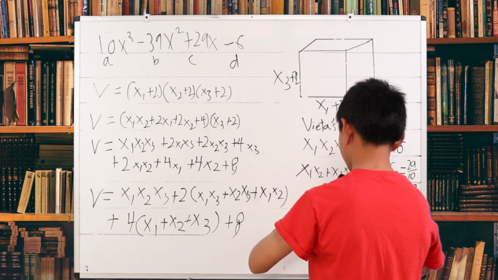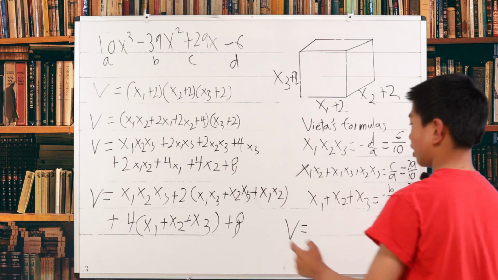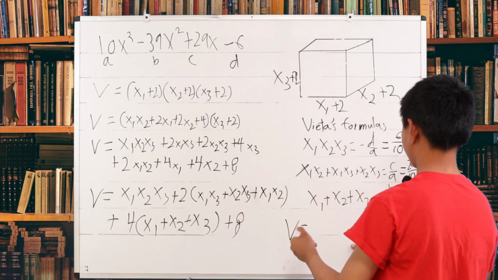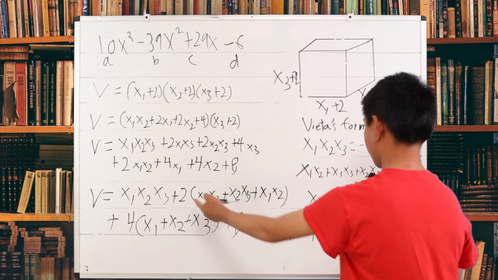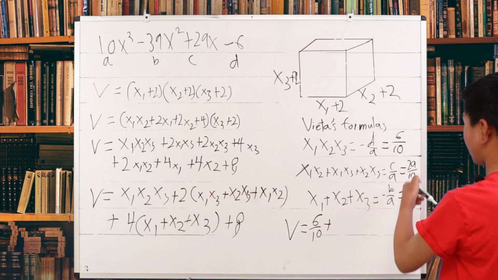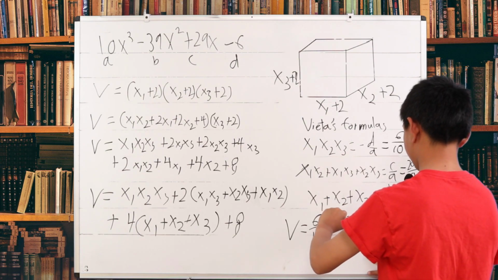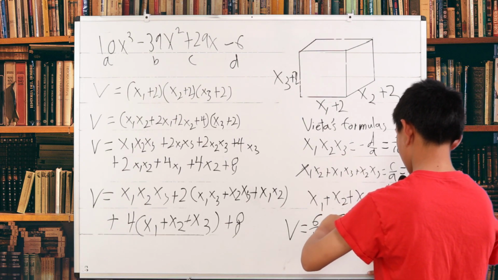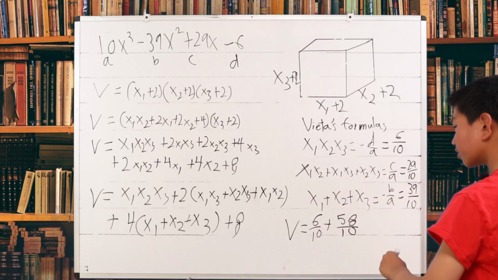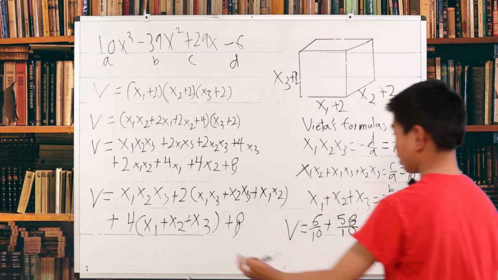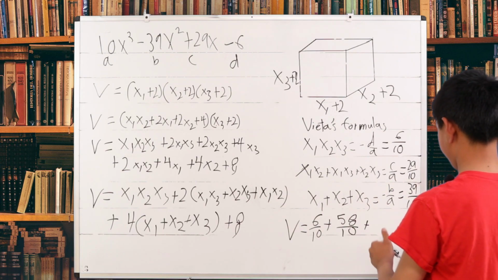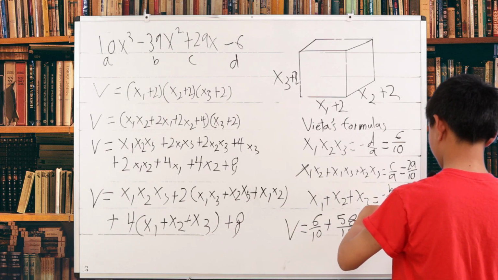So volume is equal to x1 times x2 times x3, 6/10, plus 2 times 29/10, or 58/10, plus 39 tenths times 4, which is, I believe, 156 tenths.